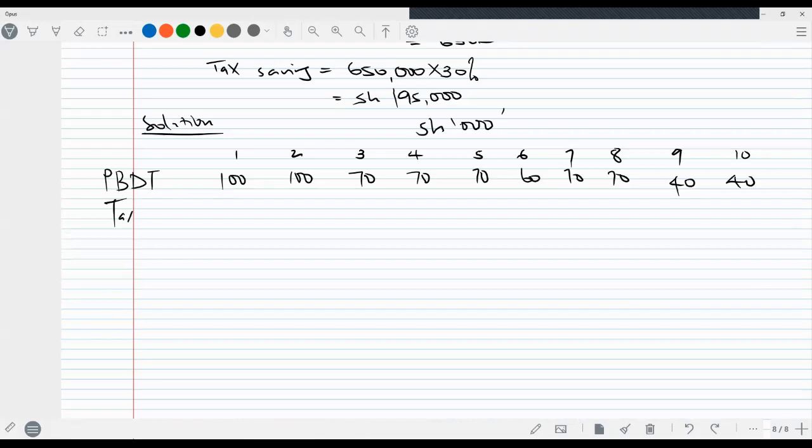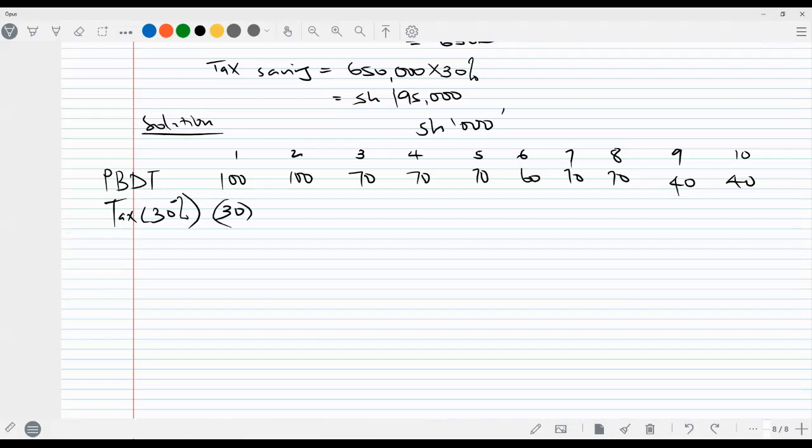Then pay tax at a rate of 30%. So at that percent, 30,000, 21,000, 21.